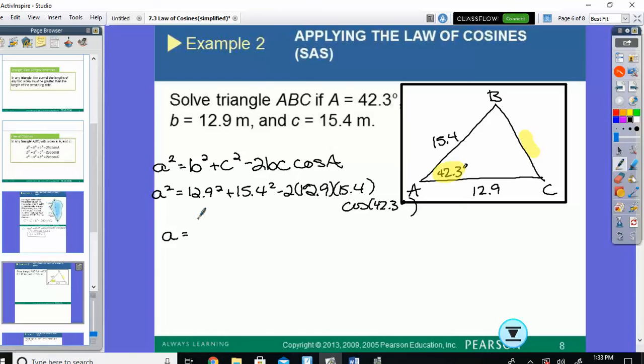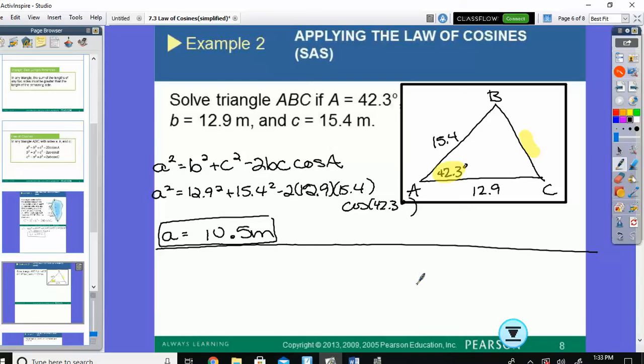Square root, so I'm just going to go ahead and type in the square root, and I get 10.5 meters. Okay. Does everybody get that for side A?